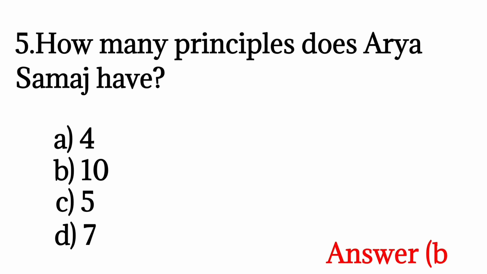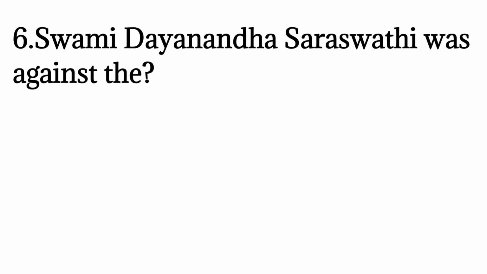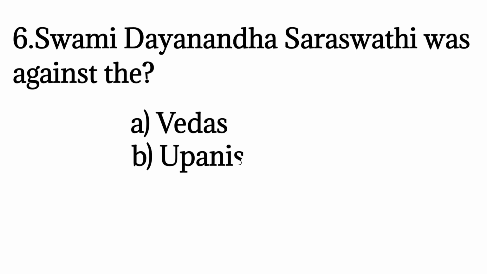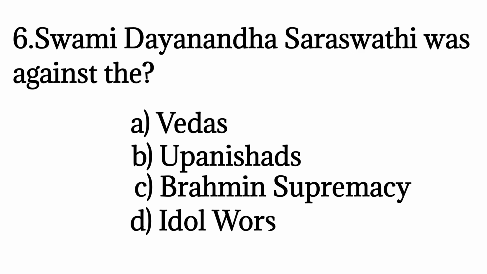The 10 principles regarding God are: God is formless, beginningless, incomparable, the support and Lord of all, omniscient, imperishable, immortal, fearless, eternal, and holy. Swami Dayananda Saraswati was against the Vedas, Upanishads, Brahman supremacy, idol worship.